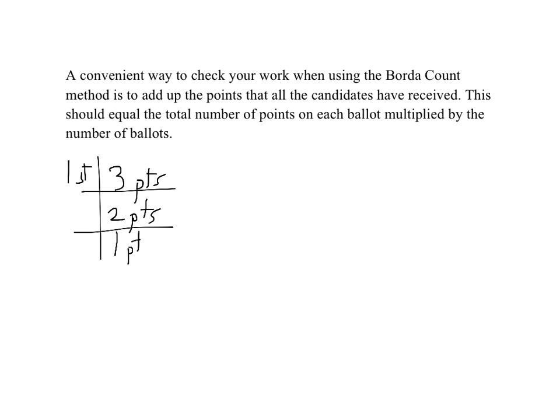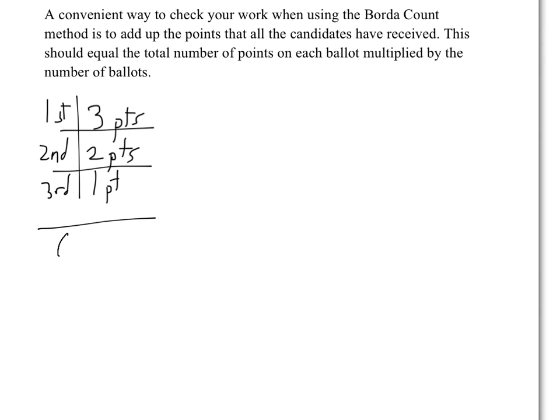Each individual voter can be thought of as allocating 6 points, 3 of them going to the first choice, 2 of them going to the second choice, and 1 going to the third choice candidate. Great, so that's a total of 6 points per preference ballot.